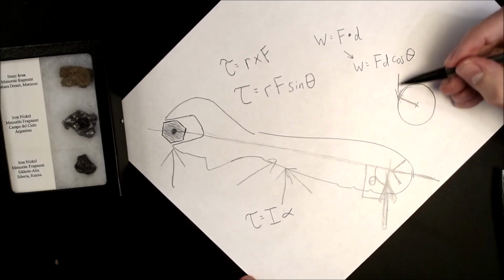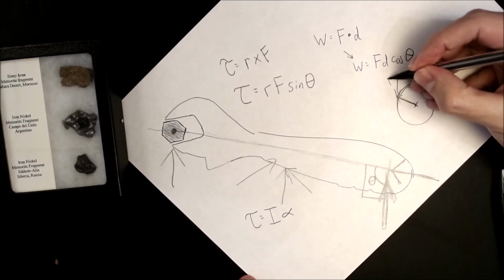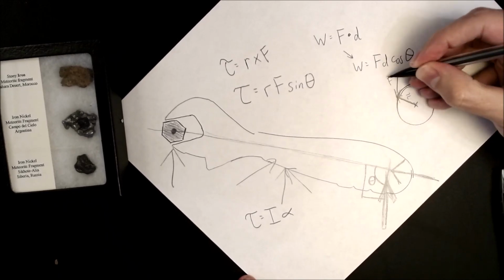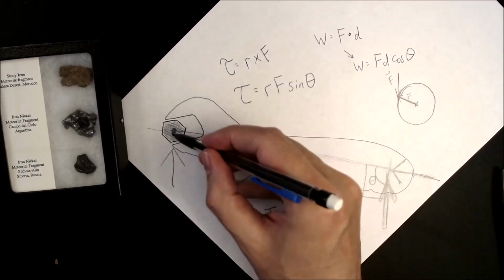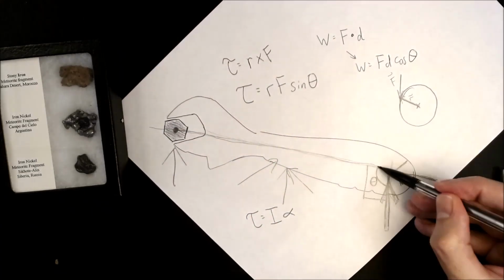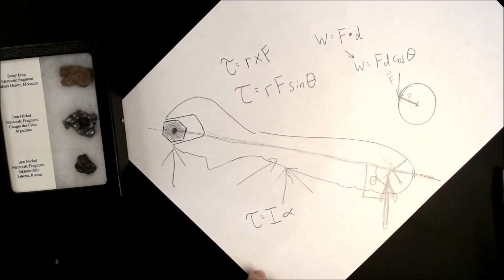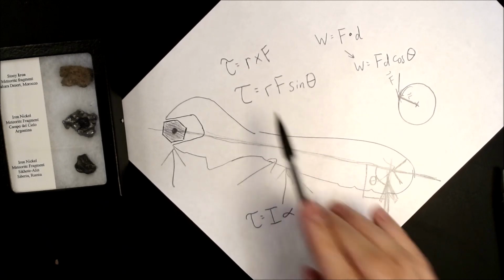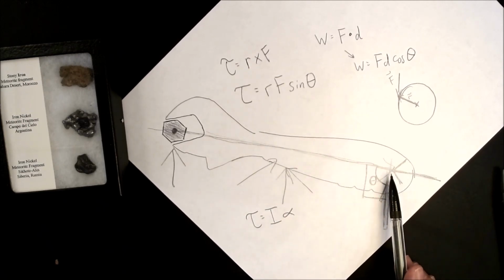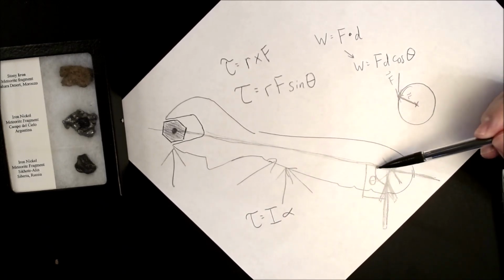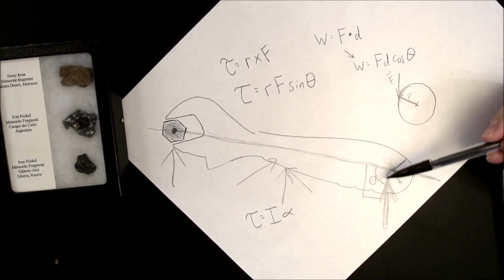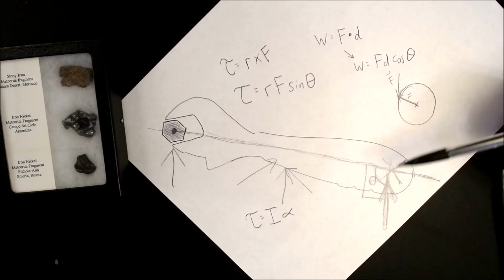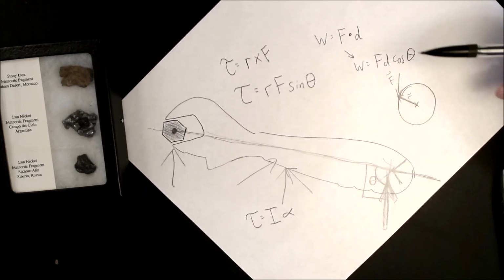We've got this force vector and that r vector right there in this case. Here it's a lot easier because the r vector just follows along with whatever the wrench is doing. The force vector is just whatever force you've got, and so if you can measure the angle between this radius and that force, then that is going to be the theta that you plug in there.